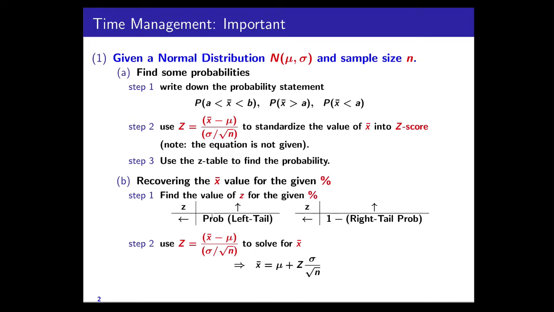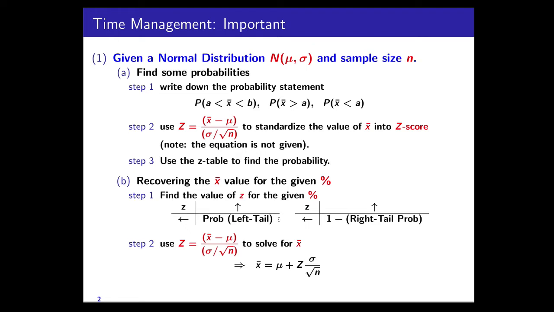If the given probability is the left tail probability, then we use the table directly. If the given probability or percentage is for the right tail, then we have to use the complement.